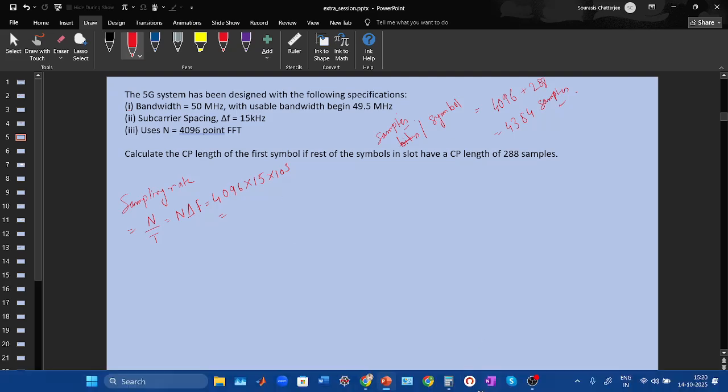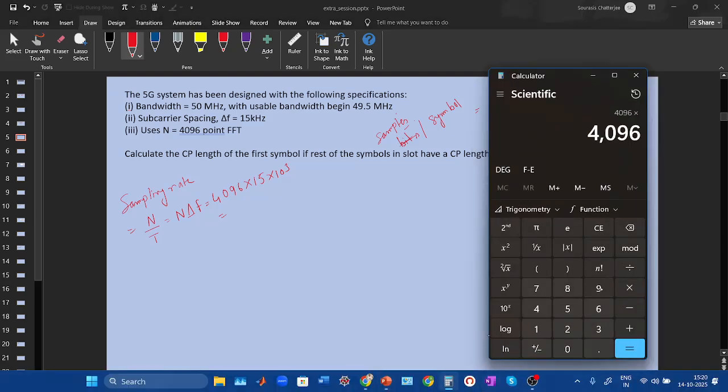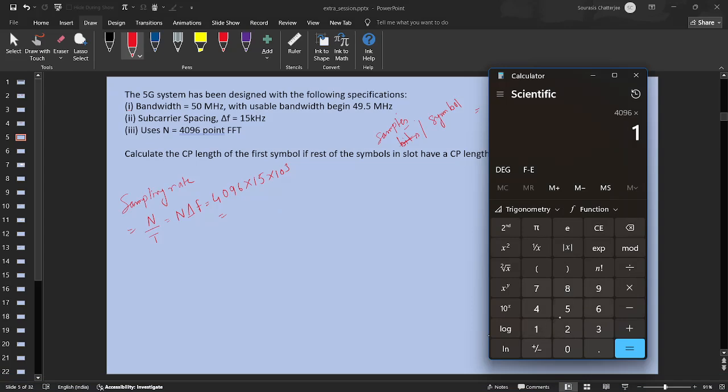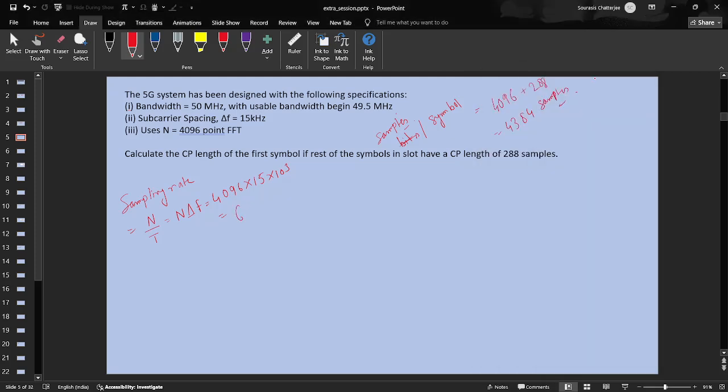So let me just calculate it. 4096 times 15, 61440 into 10 to the power 3 samples per second.